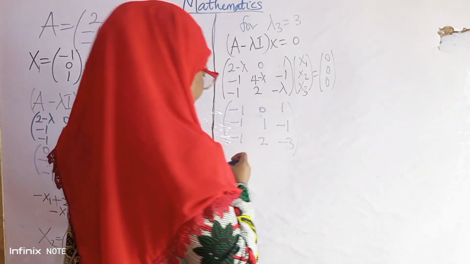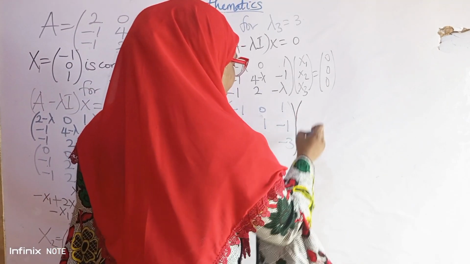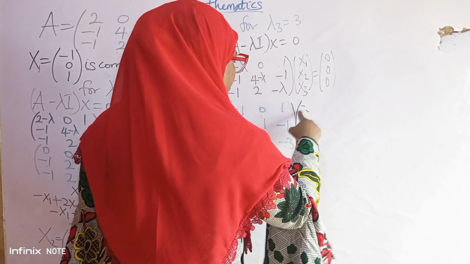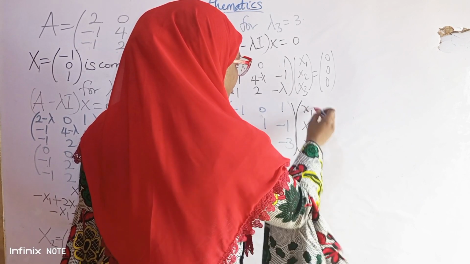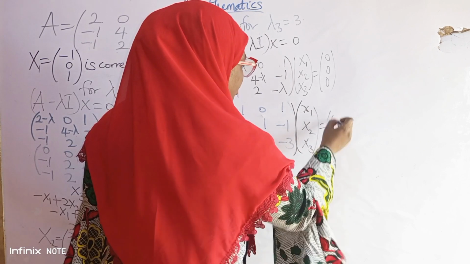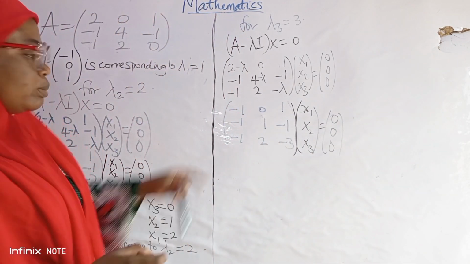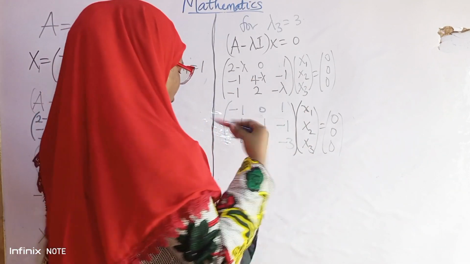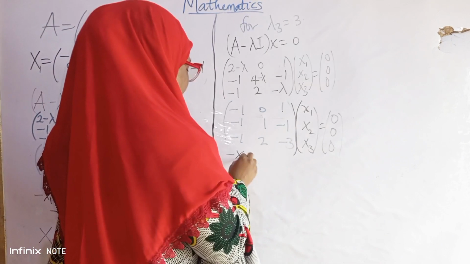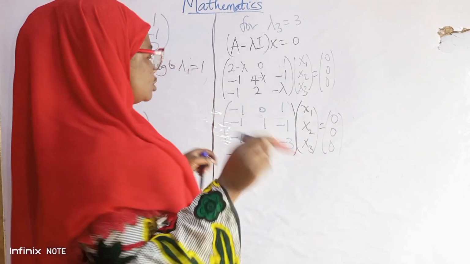So multiply by x, that is [x1, x2, x3] is equal to [0, 0, 0]. So now let's multiply. The first row, minus 1 multiplied by x1, that is minus x1. Plus 0 multiplied by x2, that is 0.